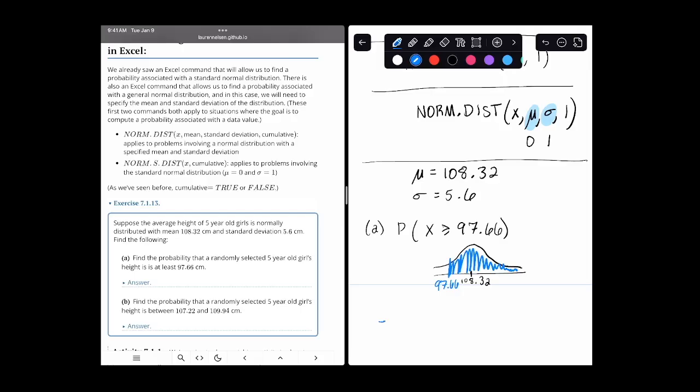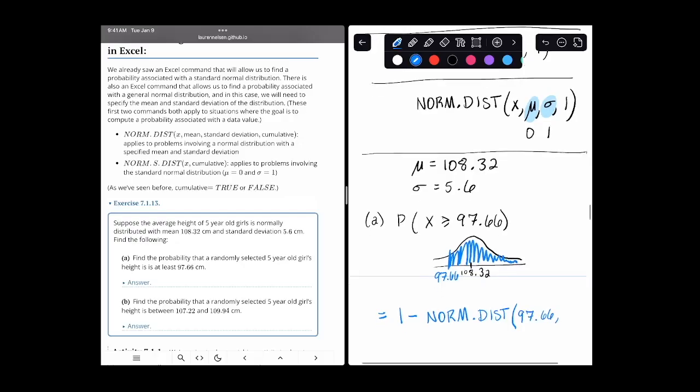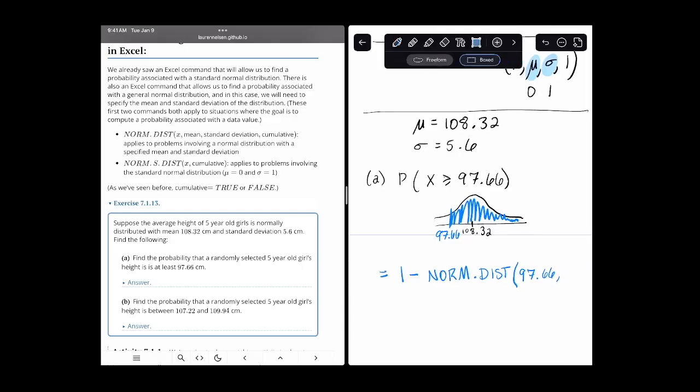So in Excel, since I'm looking for the area to the right, I would do 1 minus norm.dist. I'm not putting the .s because I haven't found a z-value. And then I would put in my 97.66. And then I would need to tell Excel my mean and standard deviation. So I'll need a little bit more space here.